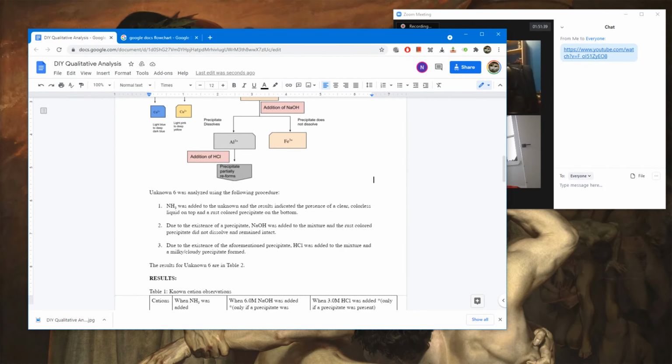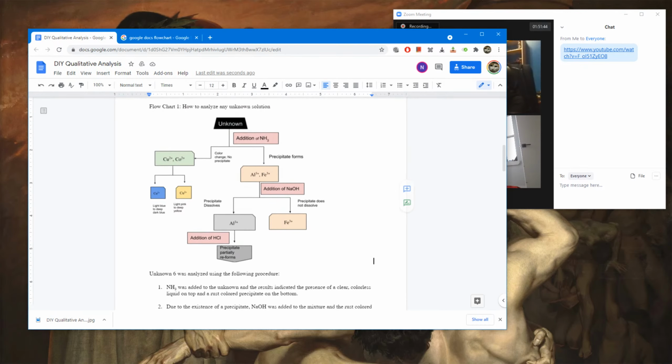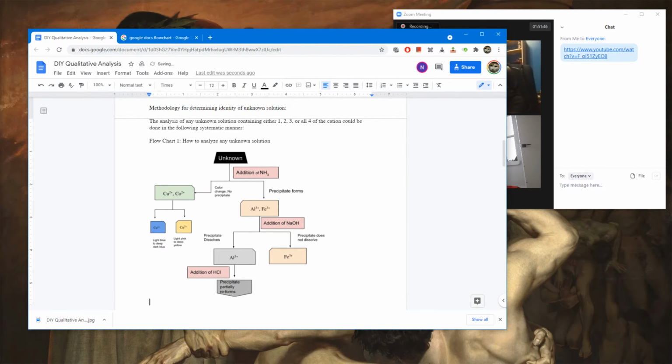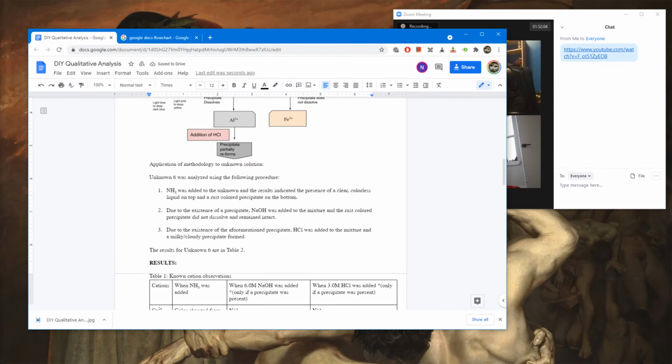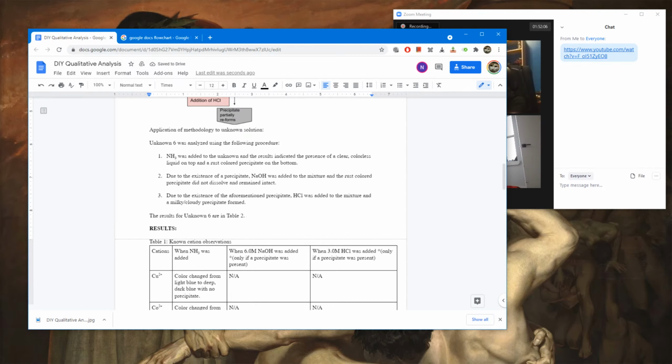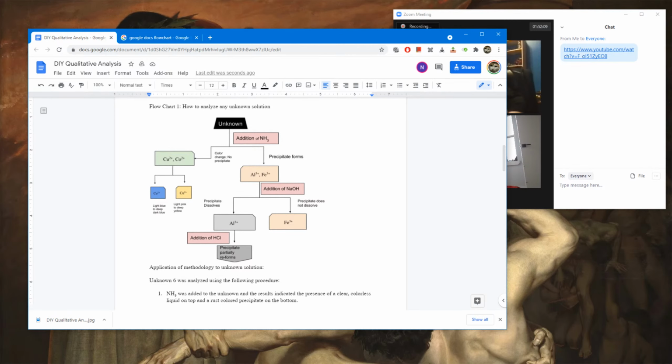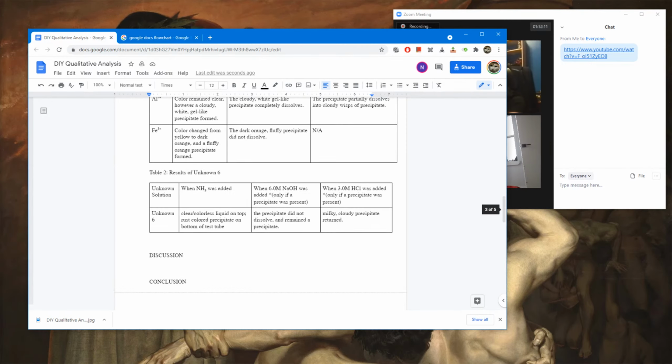Alright, perfect, that works. And then I can write, application of methodology to unknown solution. Okay.